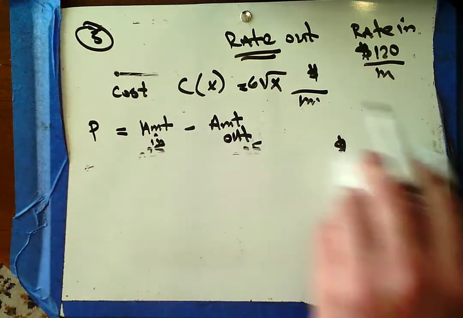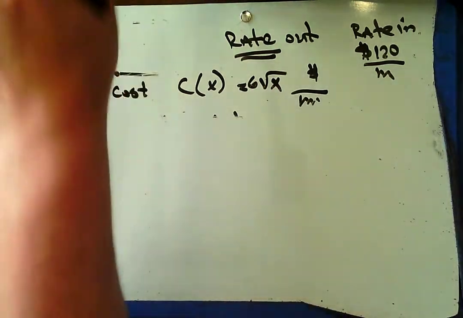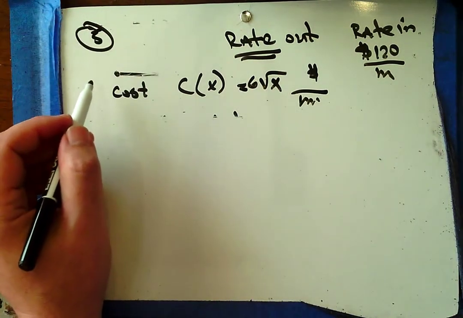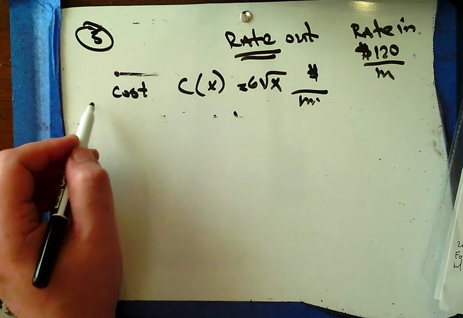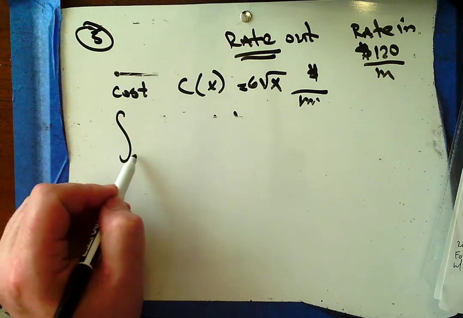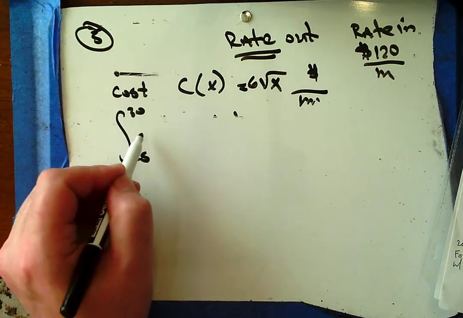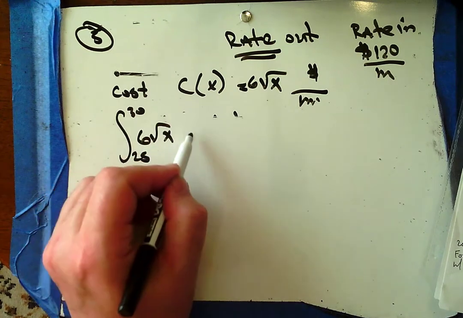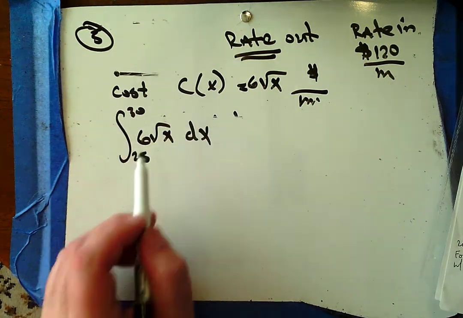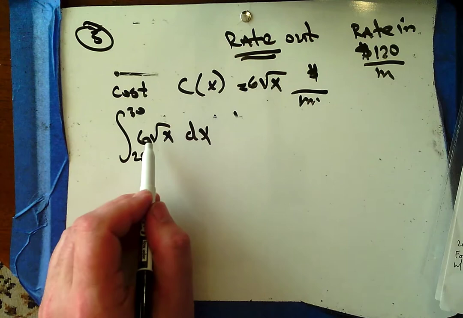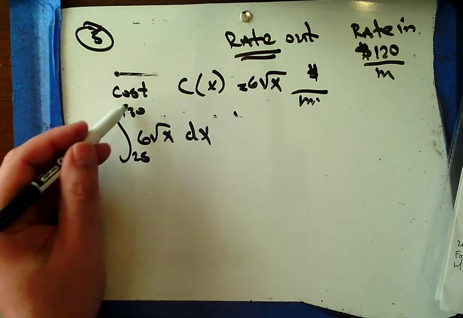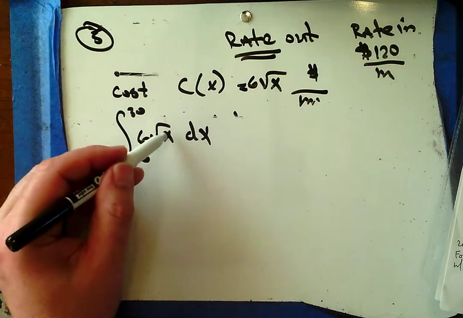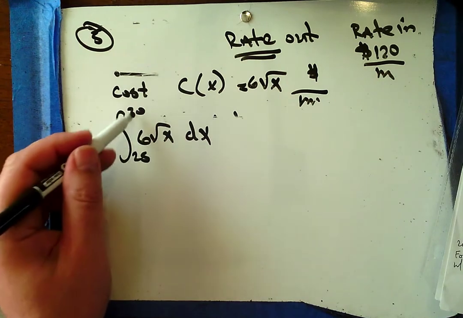Okay, there's part A. Part B says, using correct units, explain the meaning of the integral from 25 to 30 of 6 square root of x dx. Well, this is the rate in dollars per meter, and these are meters.